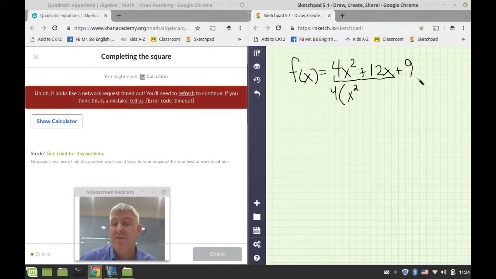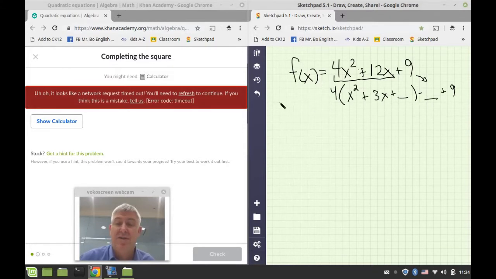I'm going to leave this 9 outside. That's going to be plus 3x, because 12 divided by 4 is 3x. So I'm factoring out 4 plus something, I don't know what. Then I'm going to need to subtract something out, which is the same thing, plus 9. This is the same thing we normally do, but this 4 makes it a little bit more complicated.